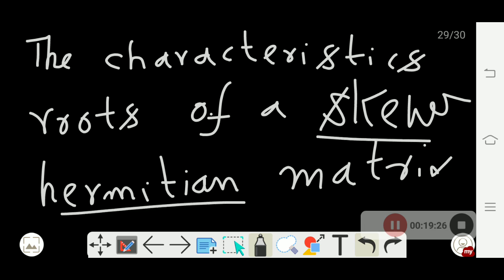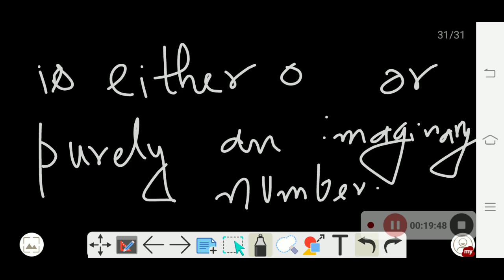You know what is skew Hermitian? Opposite of Hermitian. Hermitian is A equal to A theta, the transpose and conjugate of A, both equal. Here, in case of skew Hermitian, A is equal to minus A theta. Okay.